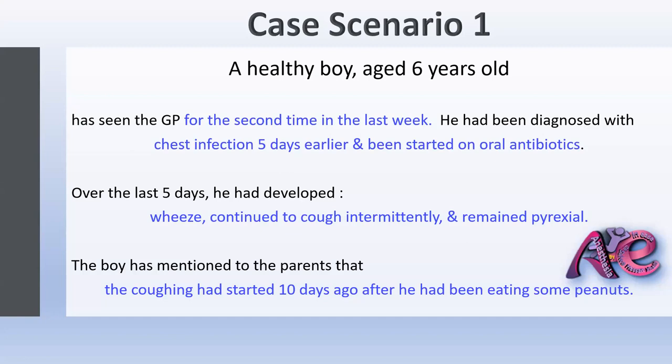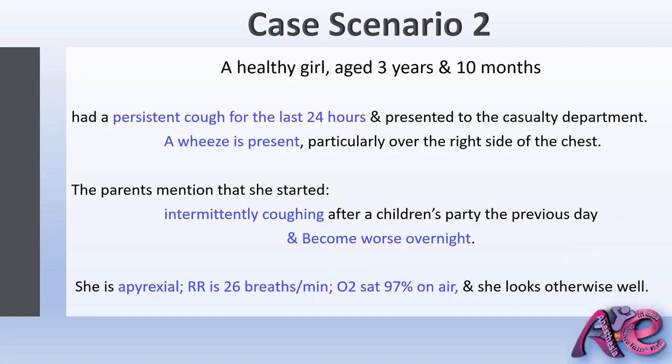Over the last 5 days, he has developed wheeze, continues to cough intermittently and remains pyrexial. The boy mentioned to the parents that the coughing started 10 days ago after he had been eating some peanuts. This is the first case.